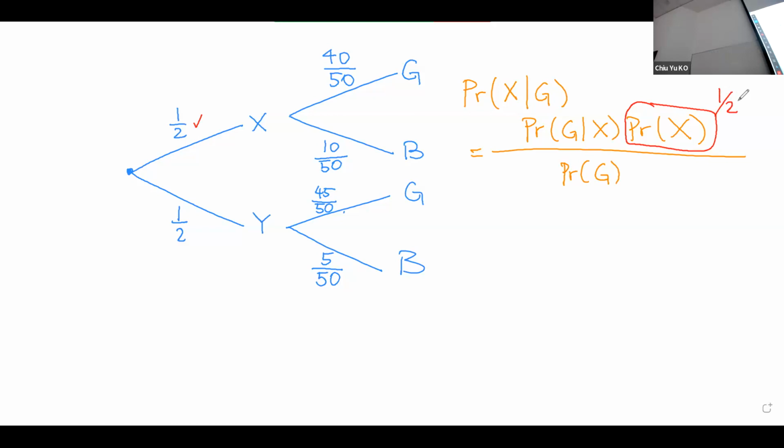So it's 1/2 there. So that is what you have. The second one is this guy. Given we have chosen X, how likely is a girl, which is given from this one.